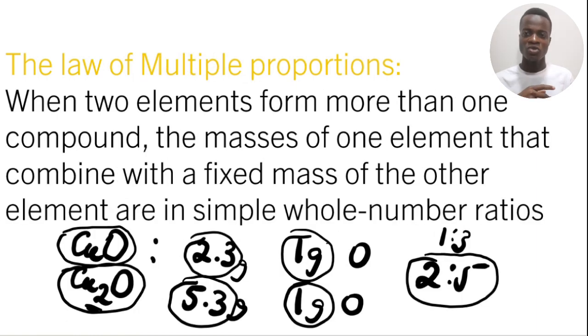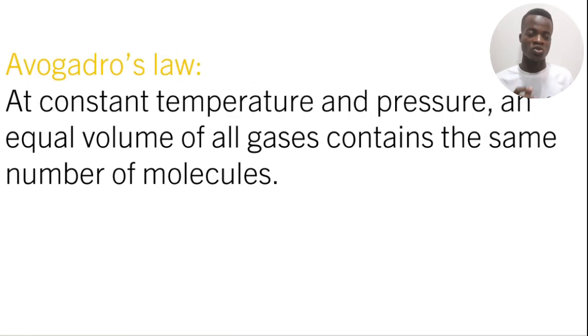Now, there are two others that we need to add, which is Avogadro's law. Avogadro's law states that at constant temperature and pressure, equal volumes of all gases contain the same number of molecules.